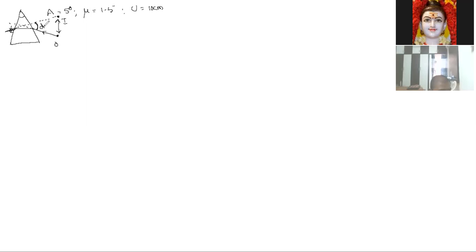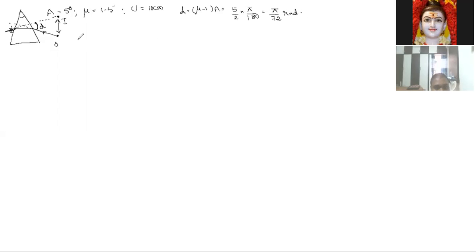Deviation equals (mu minus 1) into A. For a small angle prism, deviation is (mu minus 1) into A, which is 1 by 2 into 5 degrees. Converting that into radians, 5 into pi by 180, you will get pi by 72 radians.